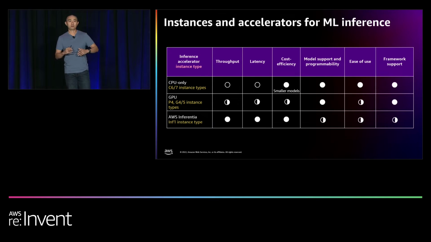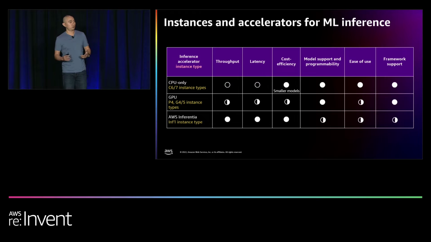But when you start to grow the workload, want to grow your business, and want a bigger deployment, then you should start to migrate to the GPUs, especially the GPUs from our G family instances powered by NVIDIA GPUs. They're more performant, they have very broad model support, and typically support very popular frameworks like PyTorch and TensorFlow.